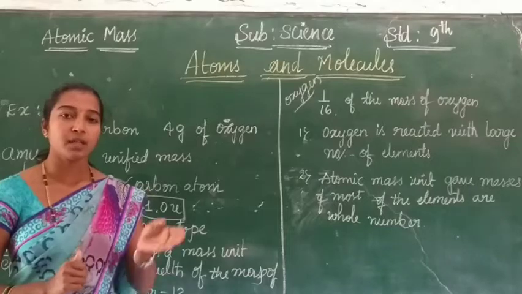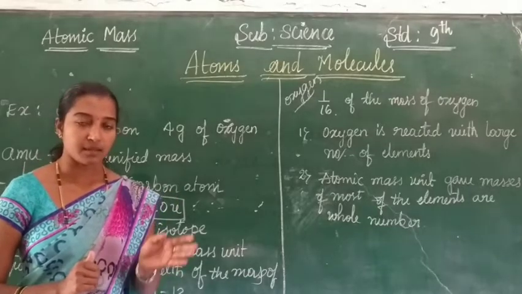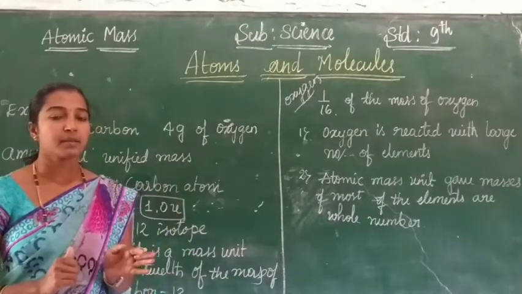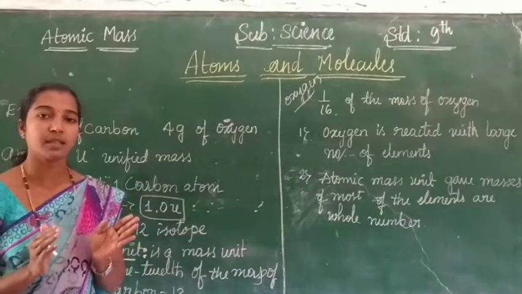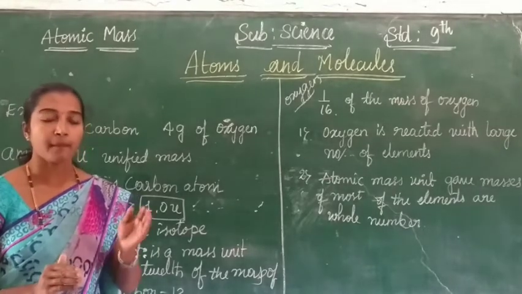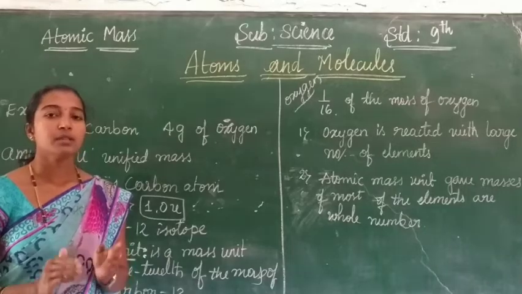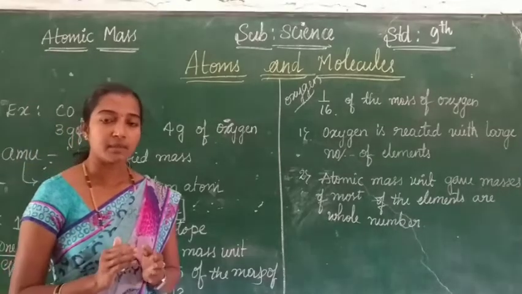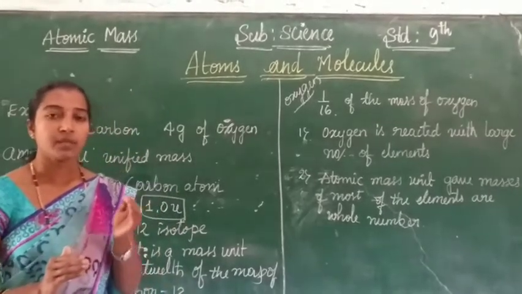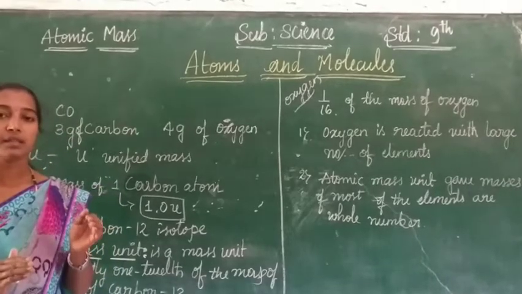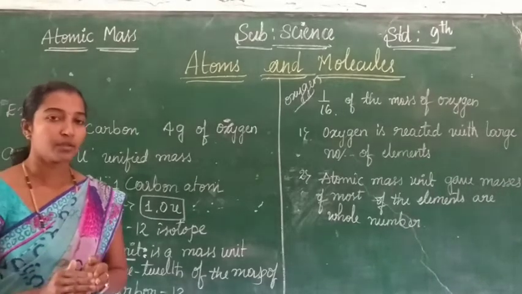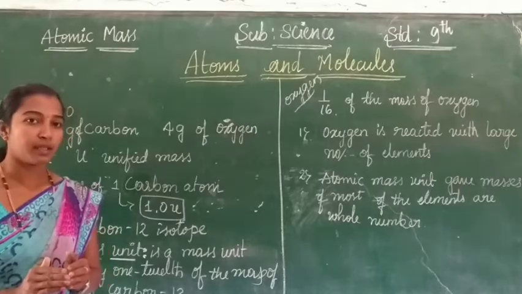Measuring the atomic mass of an element is a relatively very difficult task. When we are going to calculate the atomic masses of the elements, we need a reference or a standard unit to represent the element.